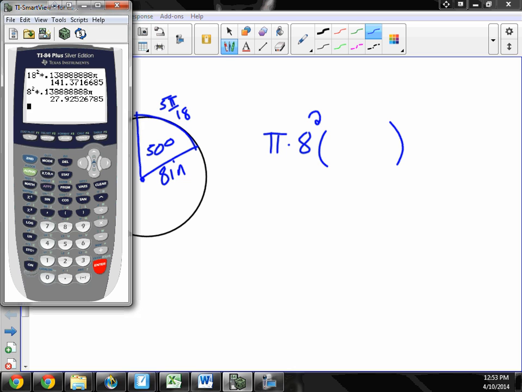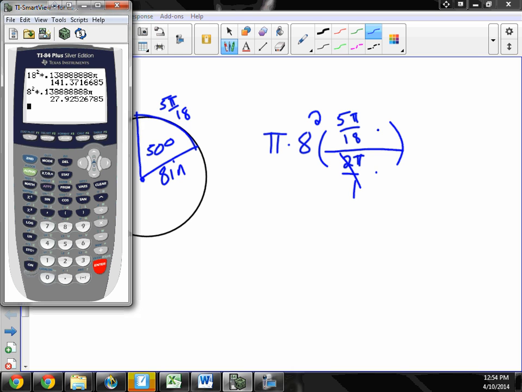But in radians, it would be 5 pi over 18 divided by the whole pizza, which is 2 pi over 1. So in degrees, it's 50 over 360. In radians, it's 5 pi over 18 divided by 2 pi over 1.